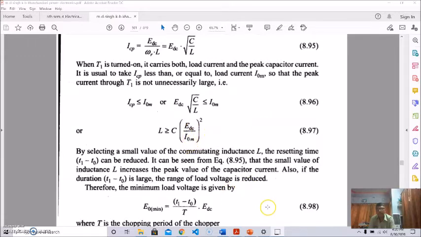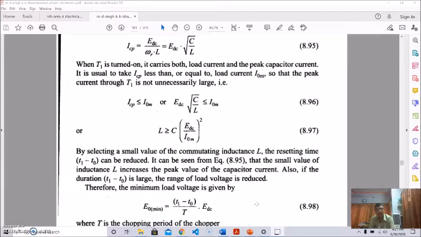By selecting a small value of commutating inductance L, the resetting time T1 minus T0 can be reduced. It can be seen from the equation of ICP that a small value of inductance L increases the peak value of the capacitor current, and also if the duration T1 minus T0 is large, the range of load voltage is reduced.